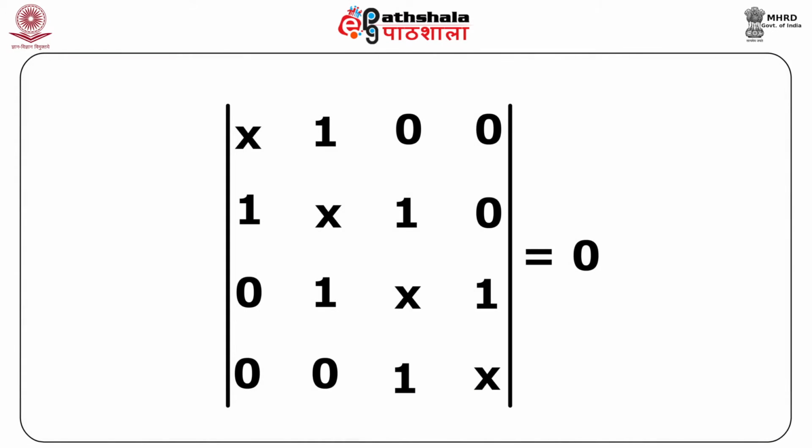The topological matrix is given like this: wherever there is an atom we put X in the diagonal, and wherever there is a bond between 1 and 2 we put 1. Where there is no bond between 1 and 3 we put 0, similarly for 1 and 4, and we can fill up the rest.